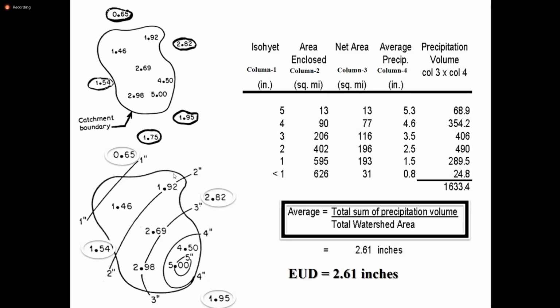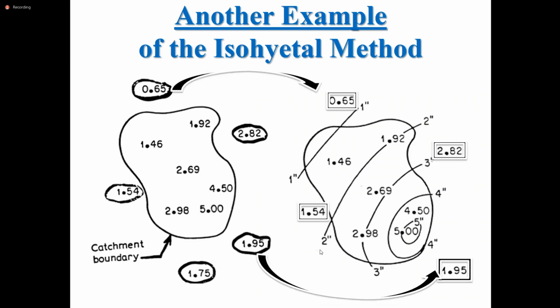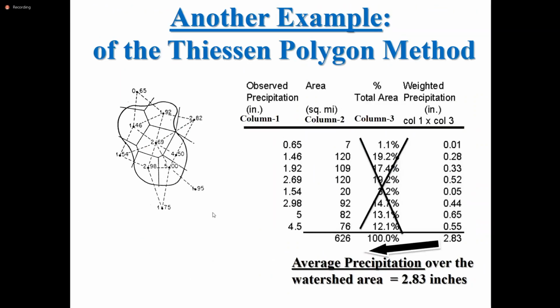So with the areas between these lines and the procedure followed, our estimate is 2.61 by the isohyetal method. Then, if you recall, we found the average for the same watershed by the polygon method, and our estimate was 2.83.